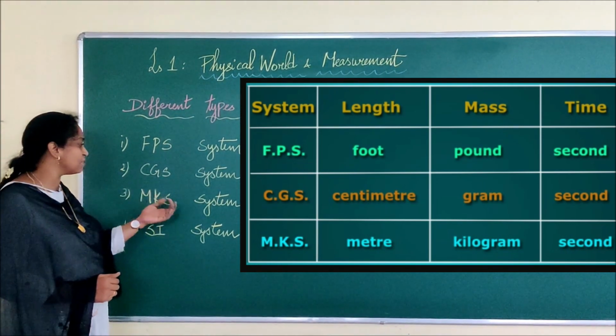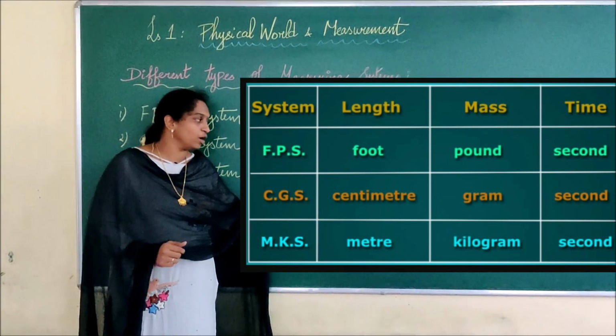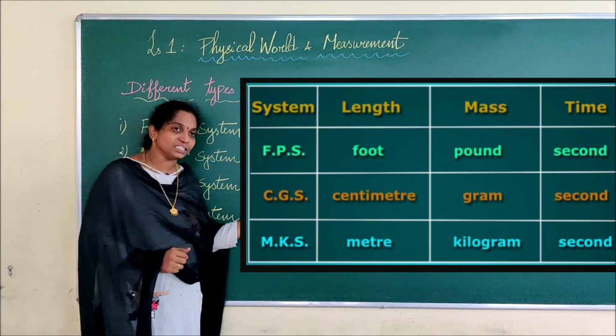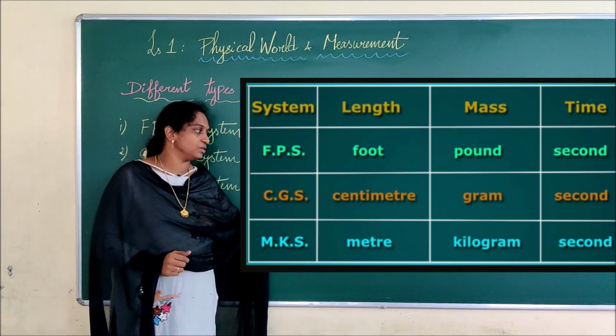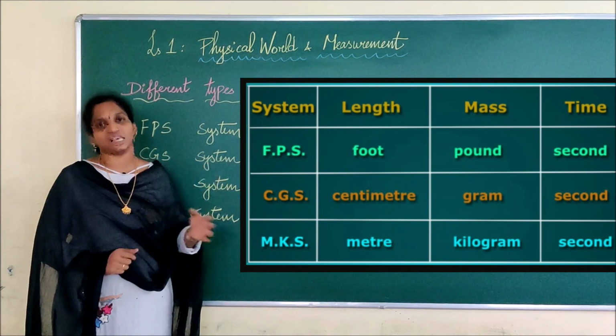What is the MKS system of units? M stands for meter, K for kilogram, and S for second. Right? Length is measured in meters, mass in kilograms, and time in seconds.